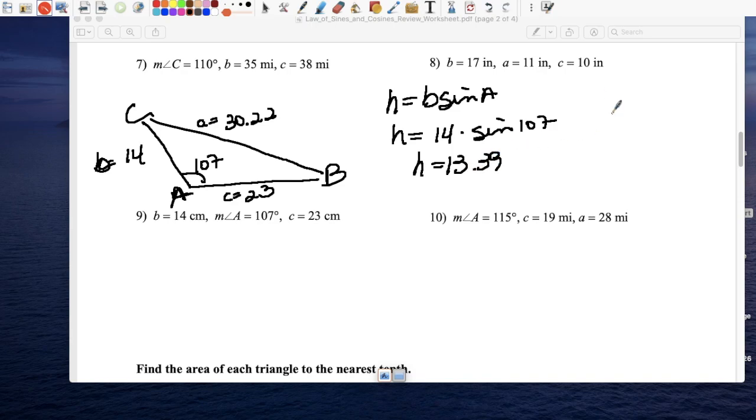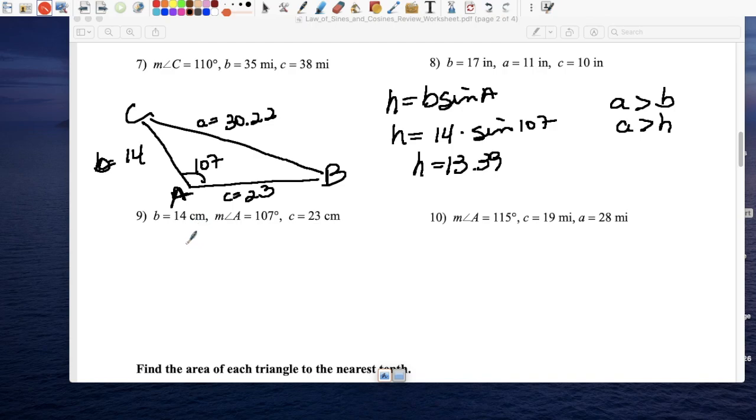And notice that in this case, a is greater than b, and a is greater than h. So what does that mean? It means that we can only have one triangle. So this, just to confirm, okay, and then we're going to set up law of sines.